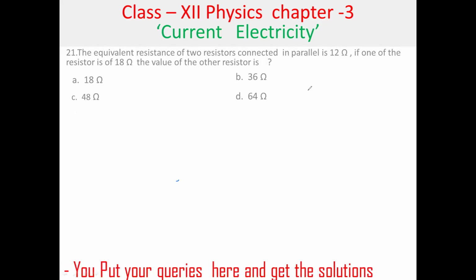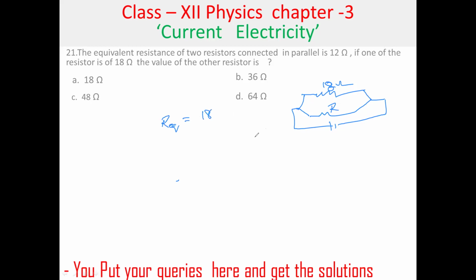Two resistors are connected in parallel. One is 18 ohm, the other is unknown, R, and R equivalent is given.